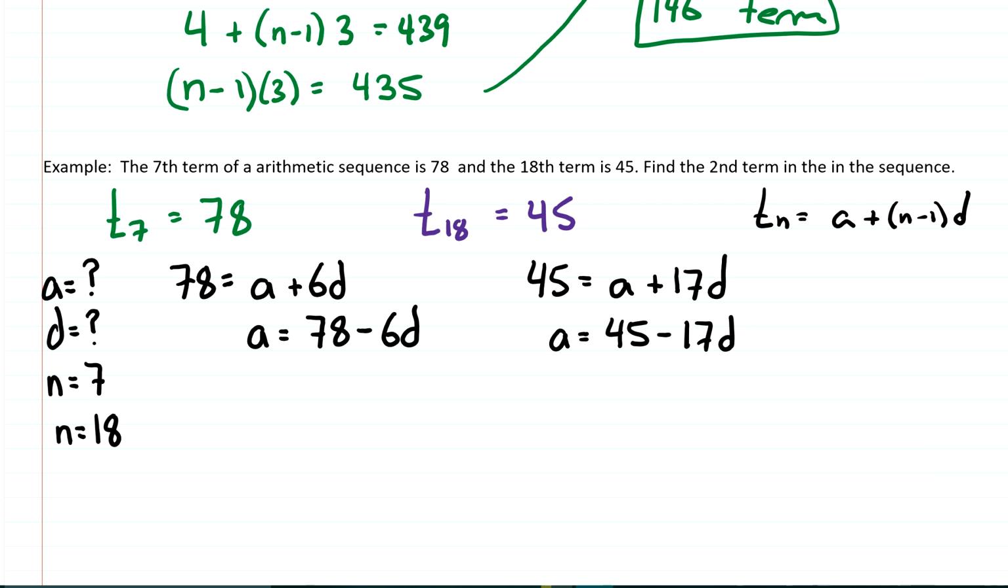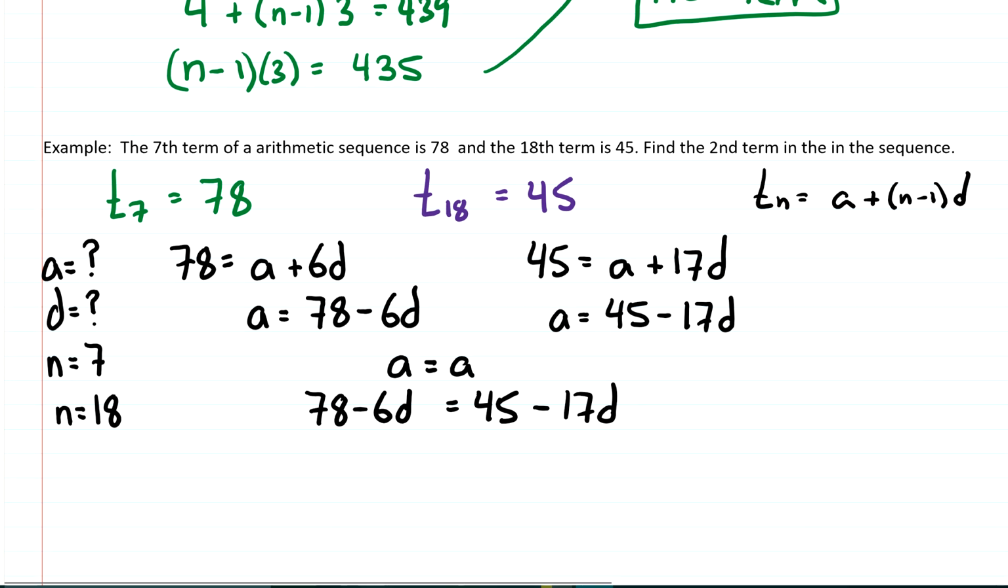Now, when we find our values here, we would say that A is equal to A because it's the same A in both if it's the same arithmetic sequence. And so we now know that 78 minus 6D is equal to 45 minus 17D. So I'm going to bring the numbers over, and we're going to solve for the d value.